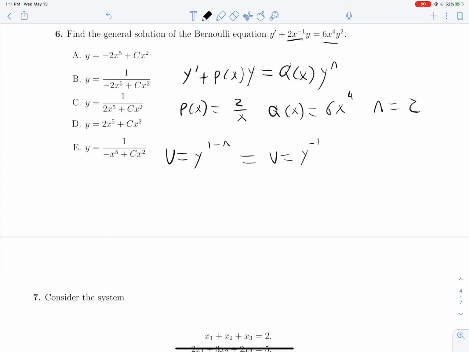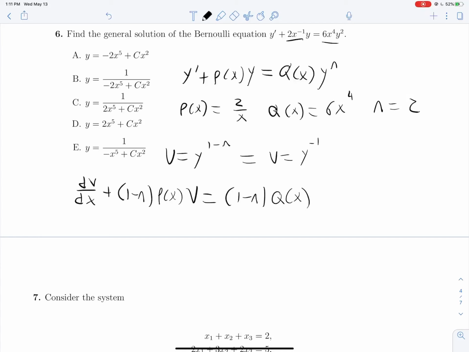And that will end up transforming our equation into something that we can apply integrating factor to. Our equation will become dv/dx plus (1 minus n) times p of x times v is equal to (1 minus n) times q of x. And this is something that you should definitely commit to memory.